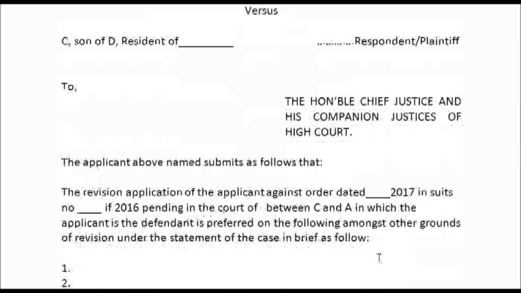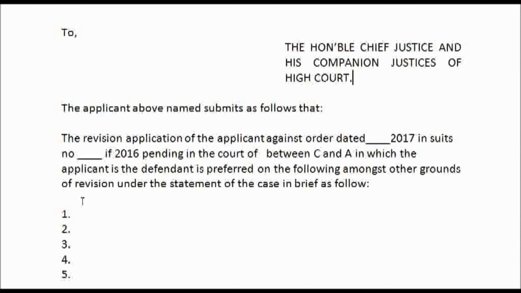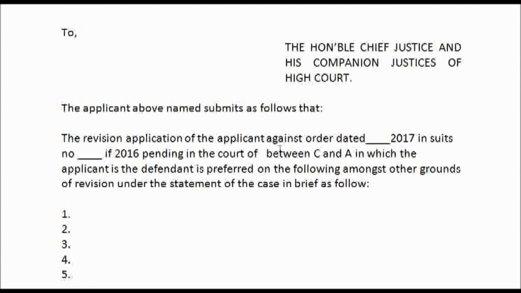Now come to the material part. In the material part, you have to mention certain points on which you demand the application of revision. So let us read. The revision application of the applicant against the order dated in the suit number of 16.